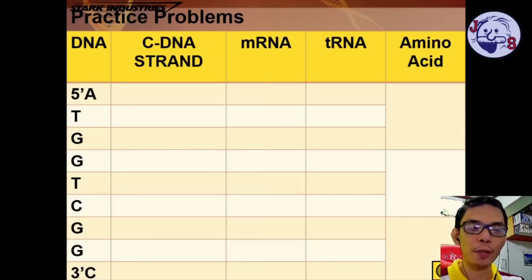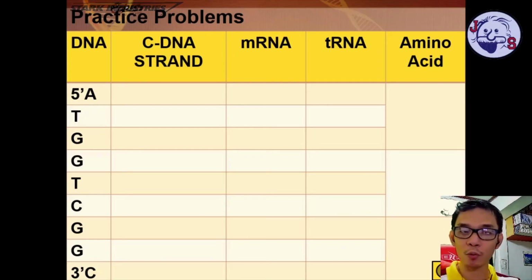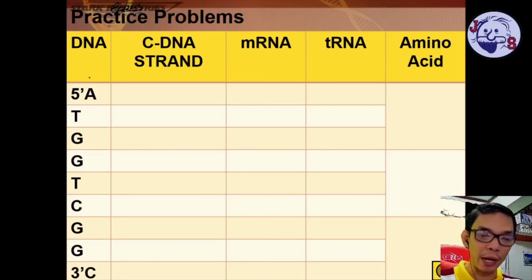All right, so for me to know if you understand the concepts I have discussed about protein synthesis and the process behind it and how it works, let me know in this practice problem if you did understand all these concepts. I have right here a certain DNA strand.